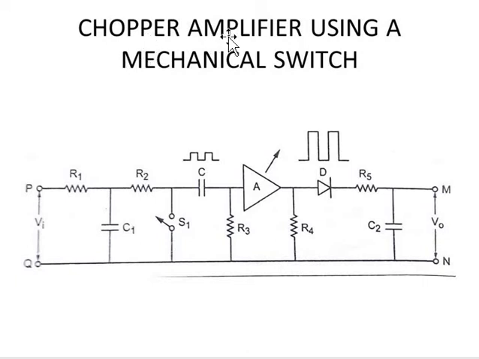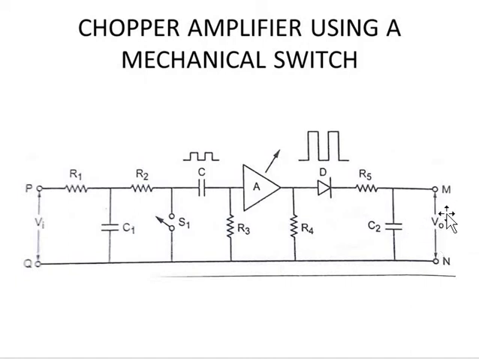The chopper amplifier using a mechanical switch. Can you see the switch S1 over here? This is the S1 switch, and this is the input voltage V1, and here is the output voltage V0.